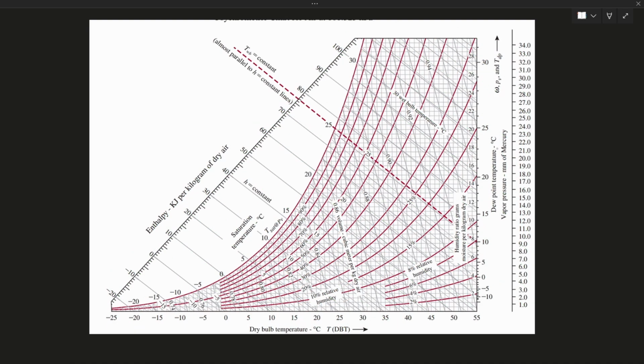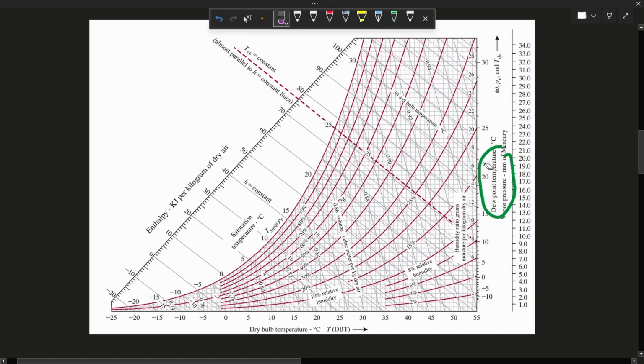For some problems, you also need to take into consideration the dew point temperature, which are these lines over here, but probably you won't need to use those unless it's a very specific problem.